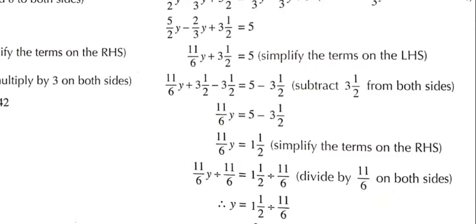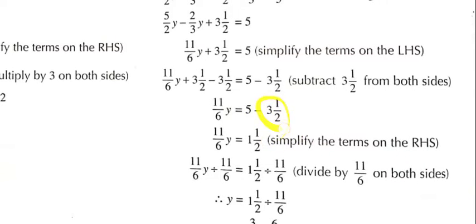You either turn these both into fractions, this one into an improper fraction, minus them, and then turn that back into the mixed fraction. Or maybe for me, I will just have 5 minus 3 first, which is 2, and then minus half, which is 1 and a half. That's my fastest way.